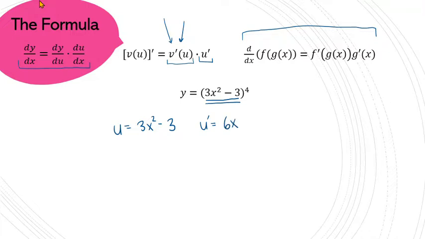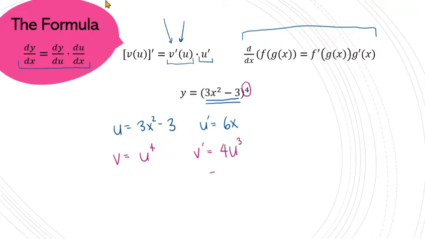Excellent. Okay, and now I'm going to identify the outer function. I'm going to call it v. We could just call it y, but we're going to call it v. And it happens to be u to the power of 4. So I know that means the derivative of something to the power of 4 is simply 4 times that something to the power of 3.